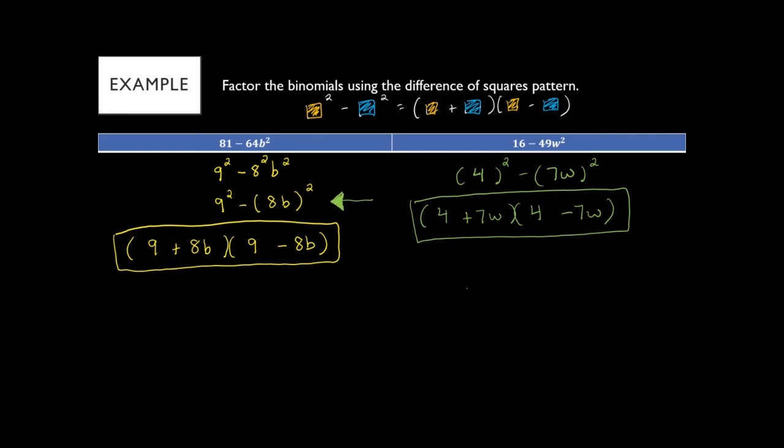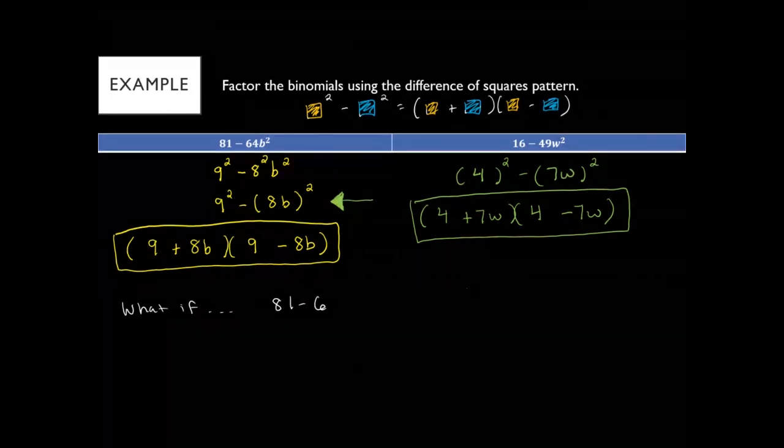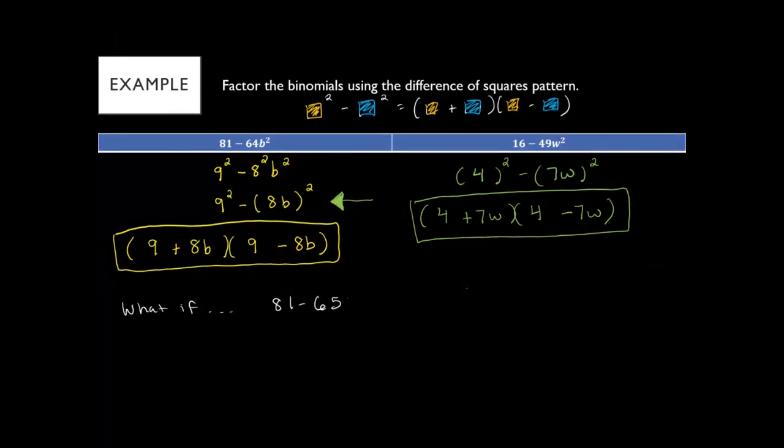Now I do have a side note here. What if, instead of 81 minus 64b squared, it was 81 minus 65b squared?